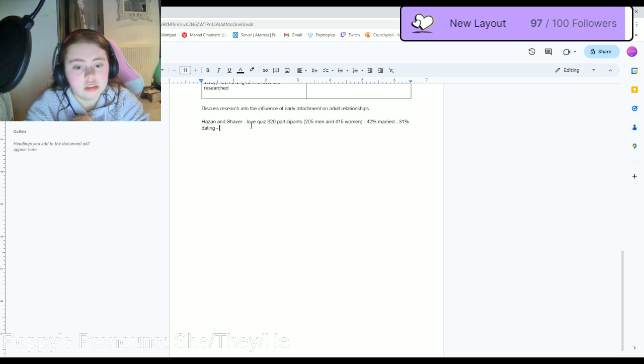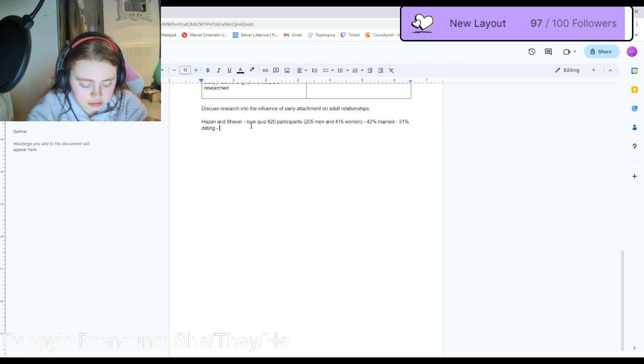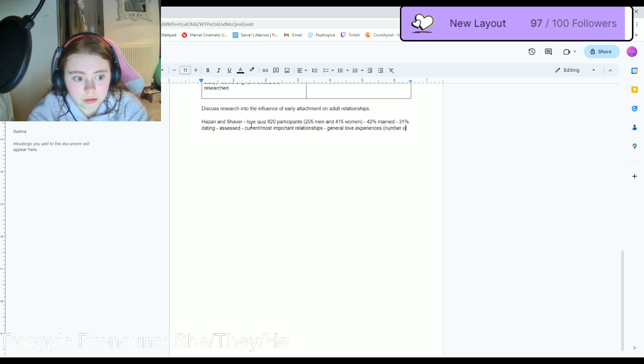There were three sections in this study. The quiz gathered information about the current or most important relationships, general love experiences, which can be the number of partners for example, and attachment types.